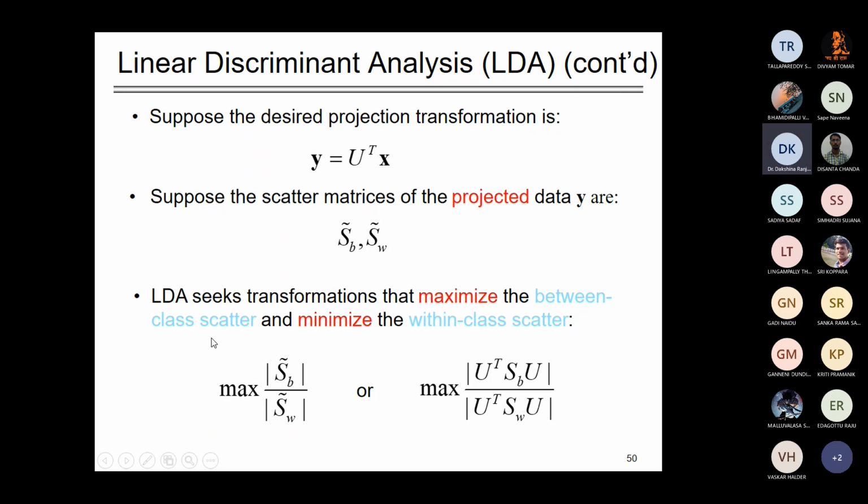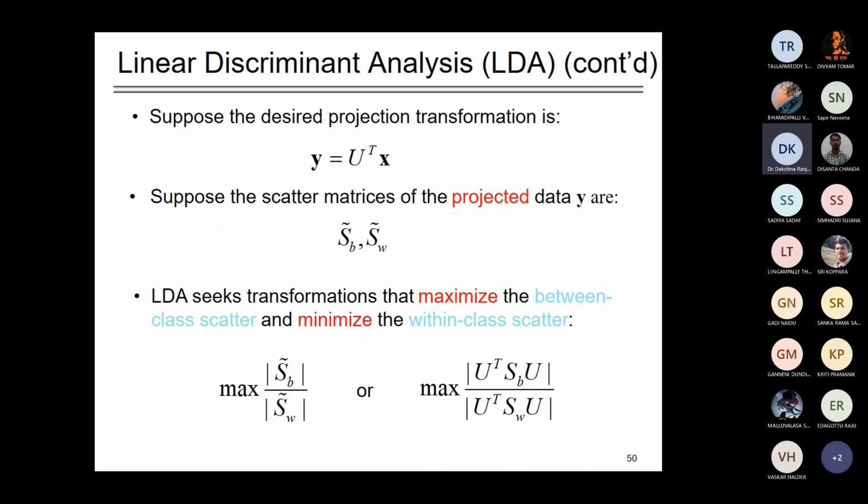Now this LDA requires transformations that will maximize the between class scatter matrix and minimize the within class scatter matrix. That means if we are considering a number of instances in the same class, then the transformations that will be generated will minimize the within class scatter matrix.